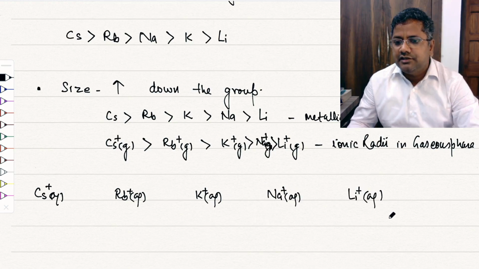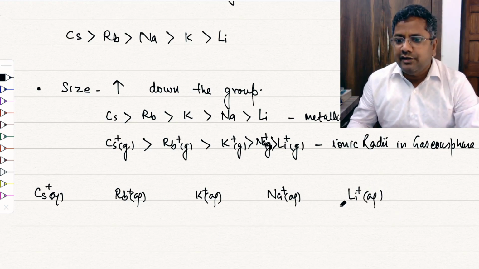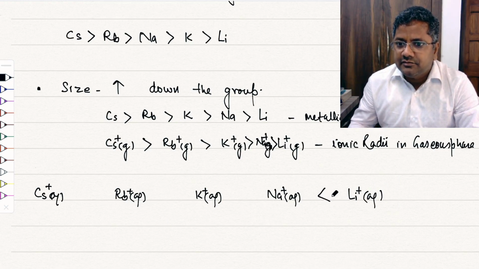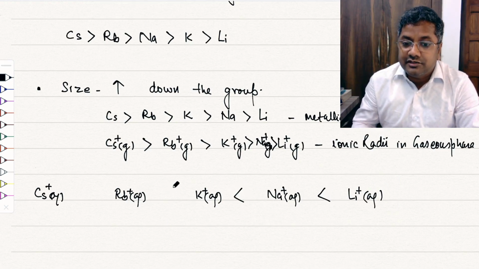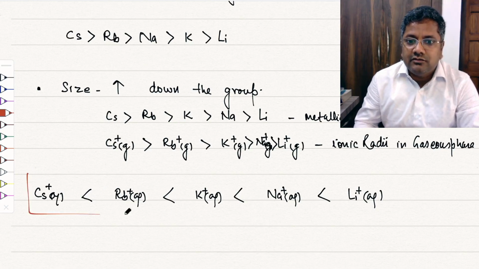So if you consider the size in aqueous medium, the size of this is maximum. This is a very, very important point, and all of you should note this down.